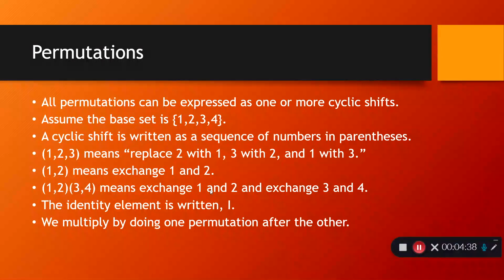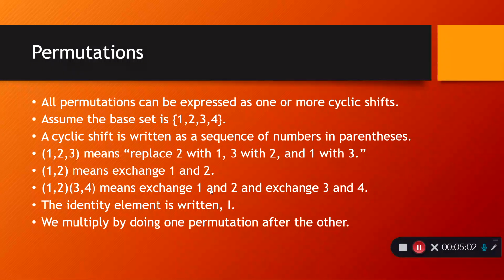If the permutation expressed as a cyclic shift only has 2 elements, it's called a transposition. And the second example there, (1, 2), means exchange 1 and 2. That's just a cyclic shift with only 2 elements. It has a special name called a transposition.